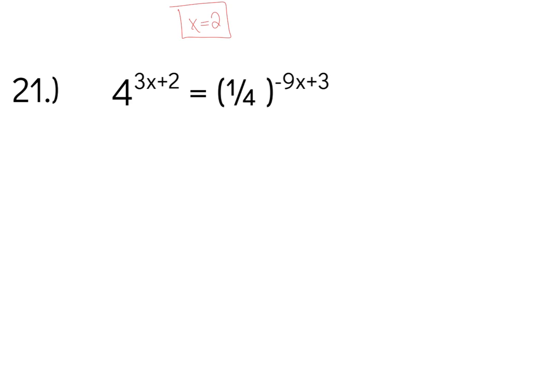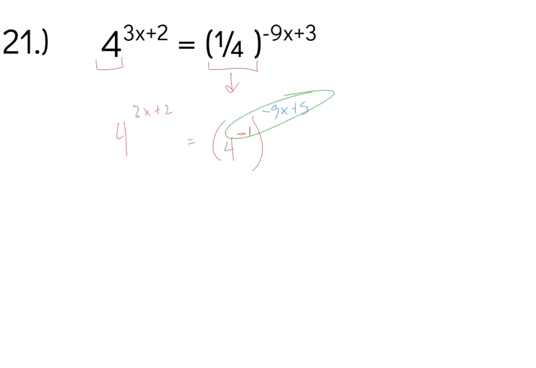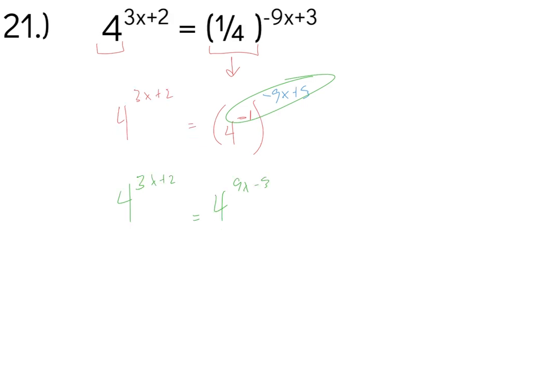Next. So this is 4, and this is 1/4. I'm just going to convert this to 4 to the negative 1 power, and this left side is going to stay just the way it is. And now the right side, negative 9x plus 3 is our exponent. Got to distribute that negative 1, and we're going to get 4 to the 3x plus 2 on the left equals 4 to the 9x minus 3 power on the right.